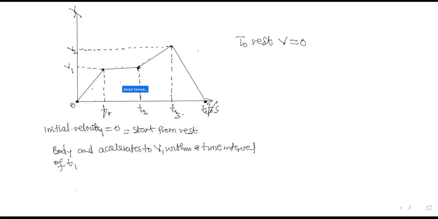So you can also calculate for the acceleration. Then from T3 to T4, the body decelerates uniformly to rest or to a stop. This is the motion. Please, any question?